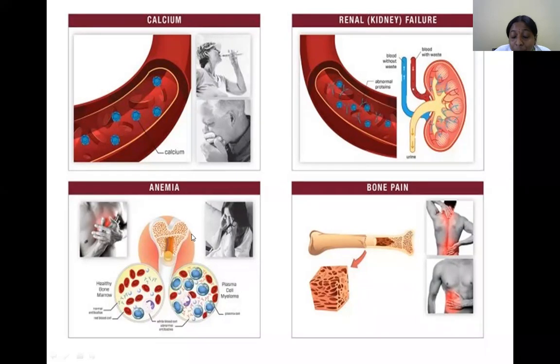Next, multiple myeloma invades the normal bone marrow, disrupting the manufacture of RBCs and causing anemia. Multiple myeloma also attacks the bone, forming holes in the bone and making the bone soft, due to the hypercalcemia.